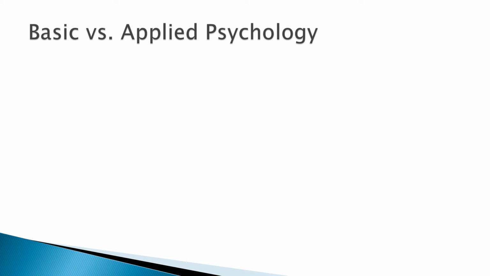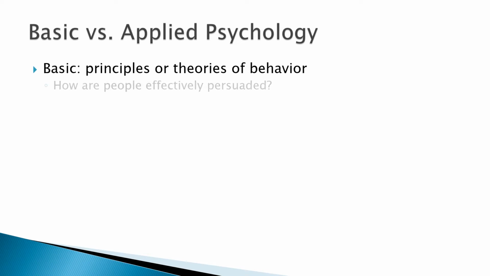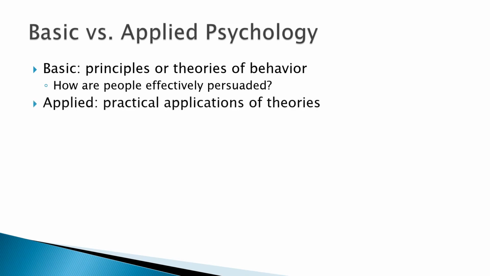Another thing I wanted to distinguish is basic and applied psychology. We talked a little bit about applied psychology when I talked about Kurt Lewin in the video about the history of psychology. So we think about basic and applied psychology as studying principles or theories of behavior versus practical applications of those theories.